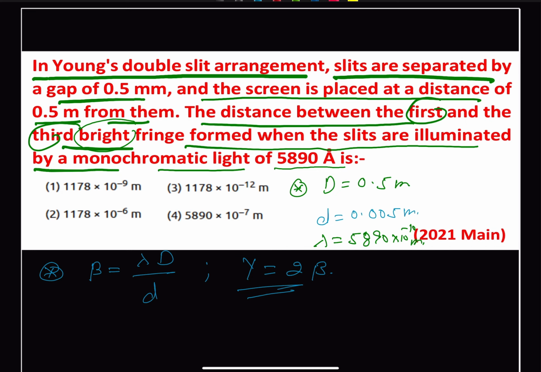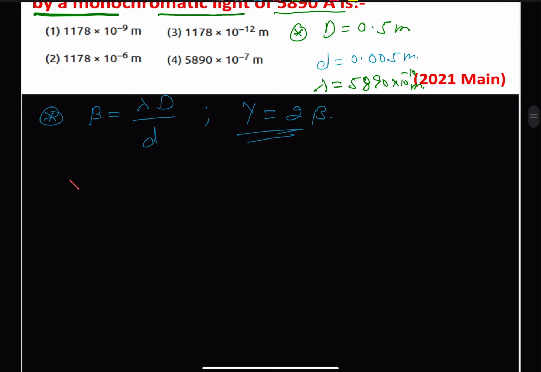Therefore, we can write that our y will be equal to 2 lambda capital D divided by small d. We just substitute the values. Lambda is our 5890 into 10 to the power minus 10.